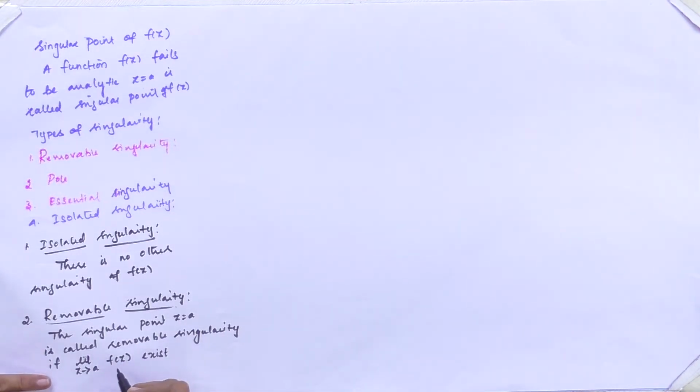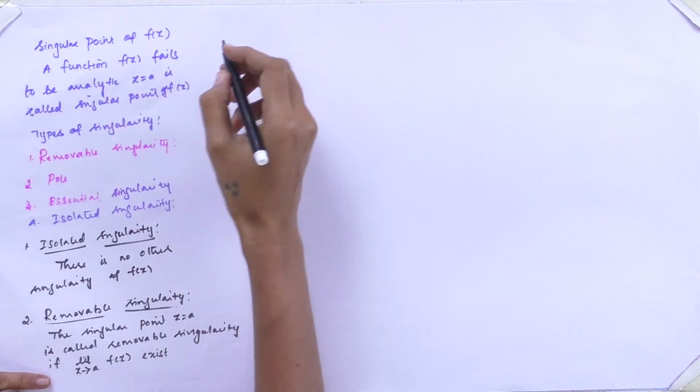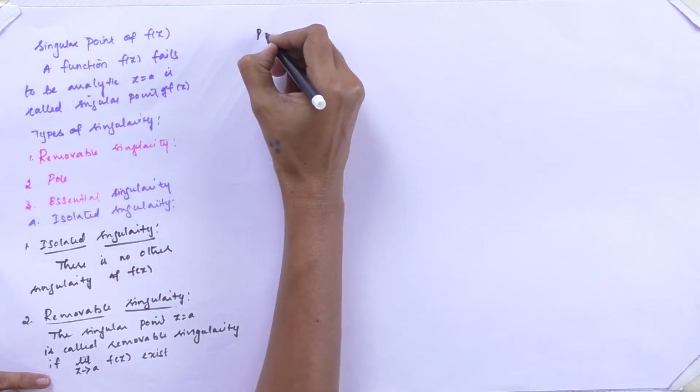That means the limit exists for the given function, then the type of singularity is called a removable singularity. And another type is a pole.